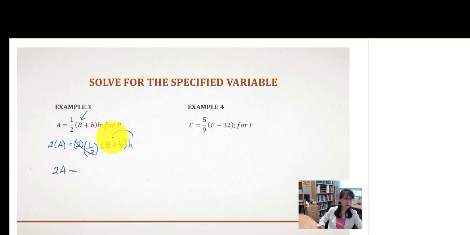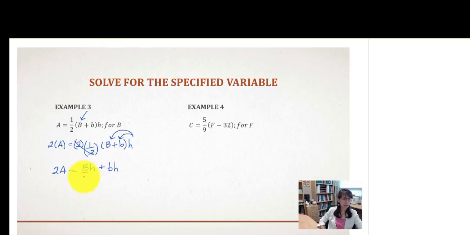So I could take care of that distributing right now. H is multiplied by capital B to give us capital BH, and then h times the lowercase b. So that's bh. Again, identify which of these variables we are trying to solve for, and that's capital B.